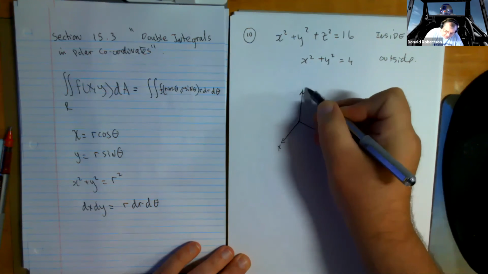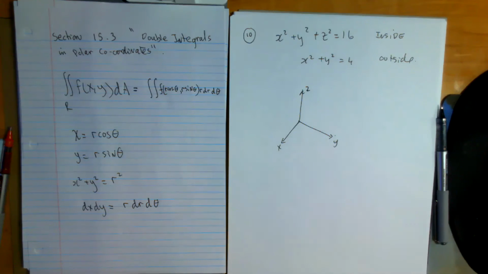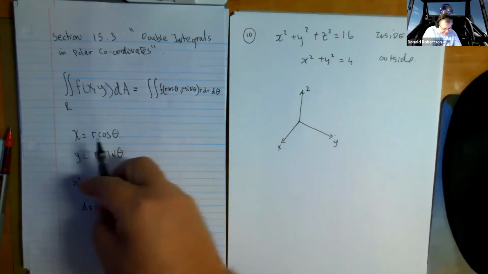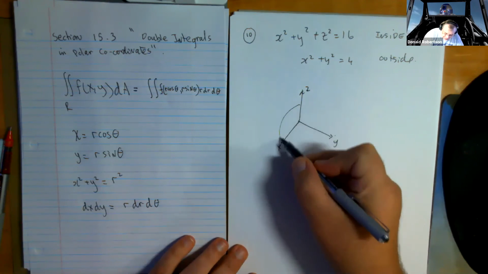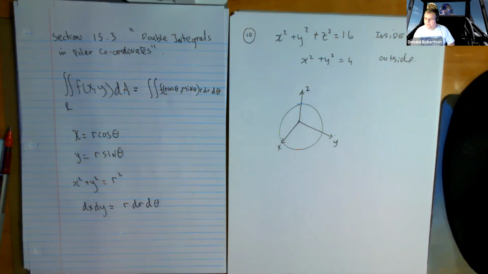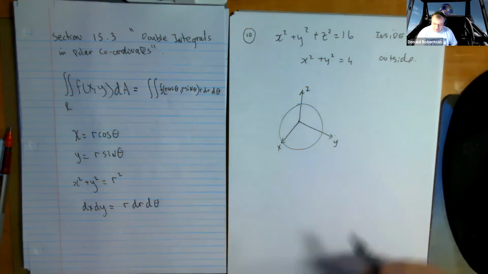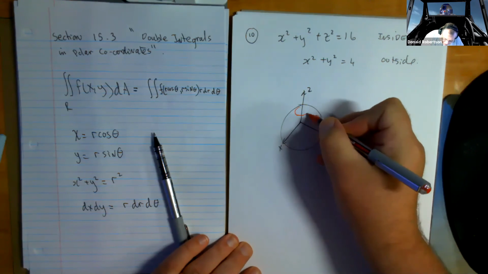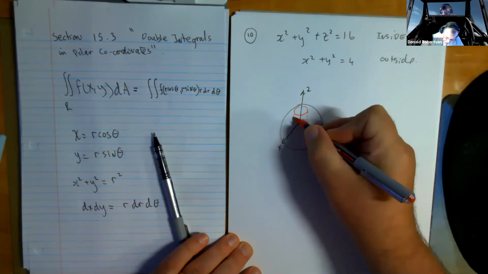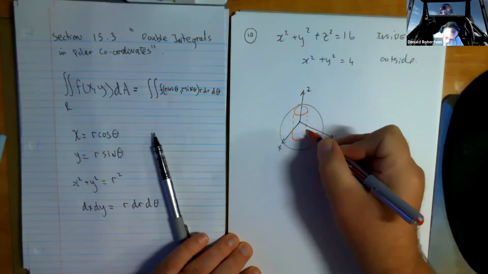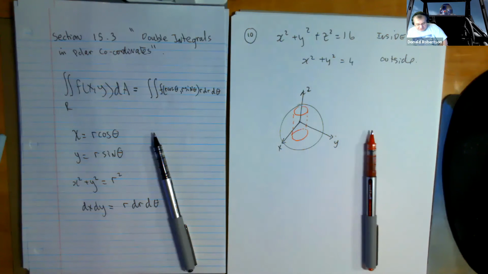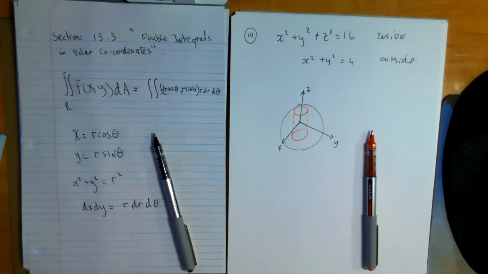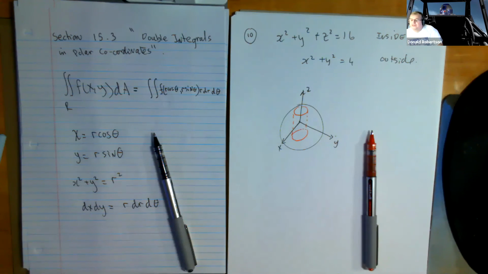If I had time, I would actually put these into Desmos and you could see the shape, but here goes anyway. Can you imagine that's the sphere they're talking about? Its radius is 4. And then inside this sphere, somebody has essentially bored a cylindrical hole. Now, we're being asked to find the volume of the material that's left behind.